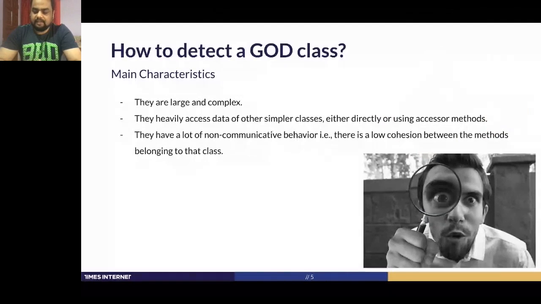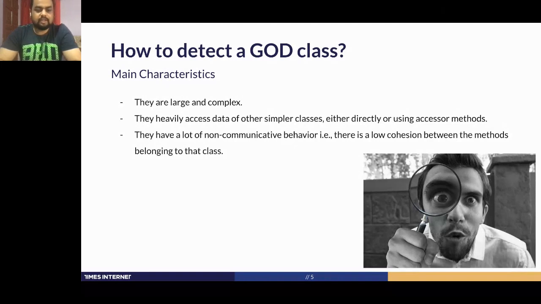Now, having said that, yeah, this is a God class, or this is something that is very complex. So how can we detect a God class? It's very simple. There are a few characteristics that you can identify while you are reading a class.